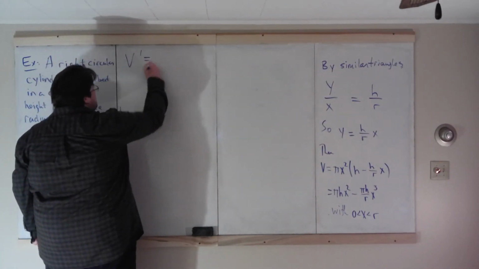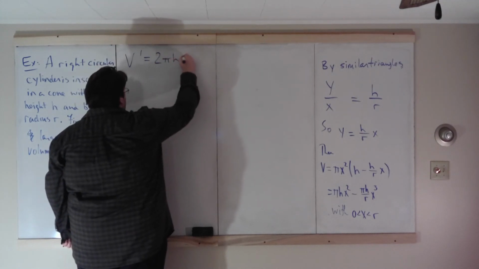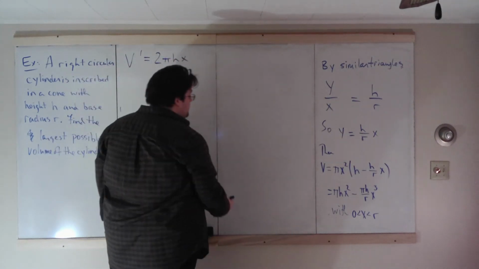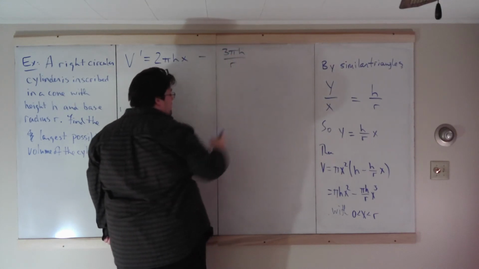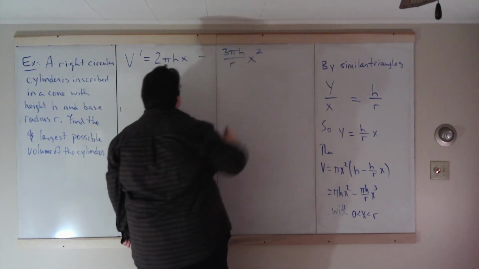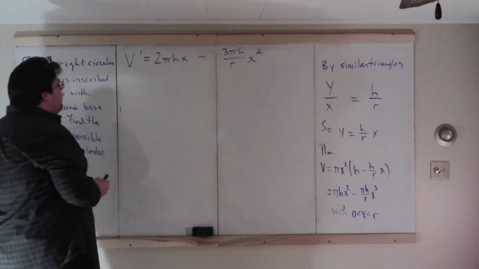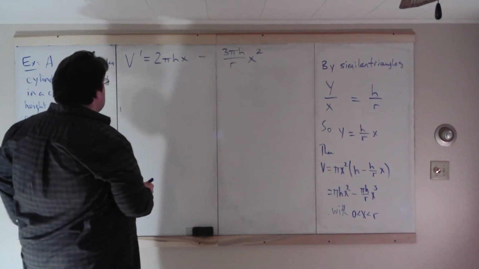V prime. Derivative, 2 pi h x minus 3 pi h over r times x squared. Pi and h are all constants. We want to set this equal to 0. Fine, it's never undefined. How are we going to set this equal to 0?